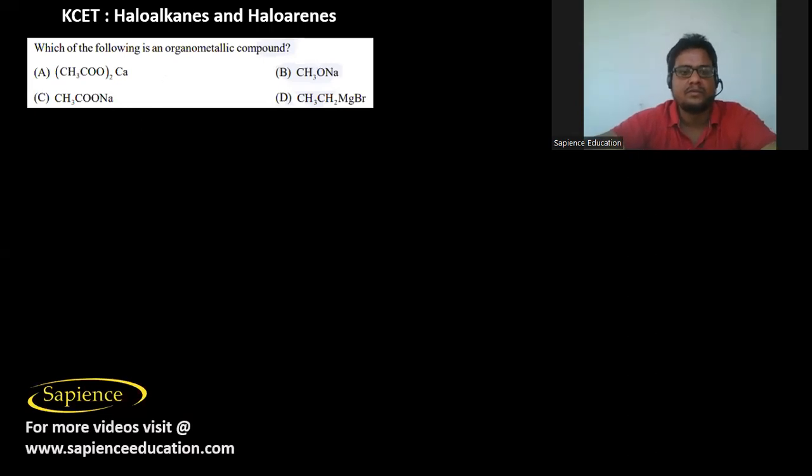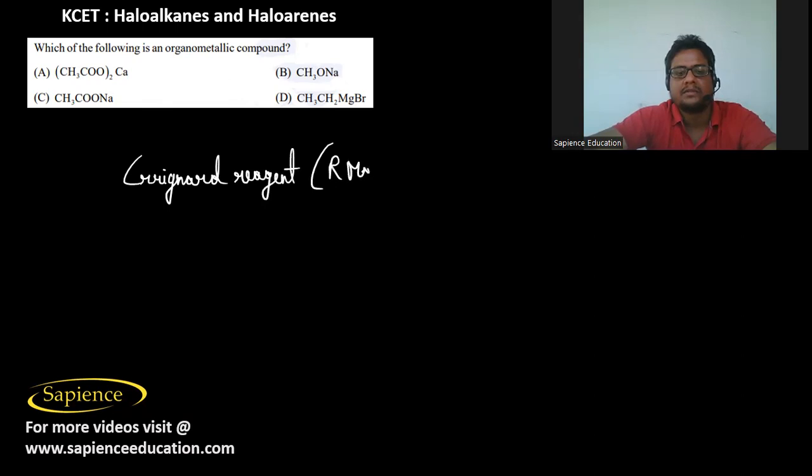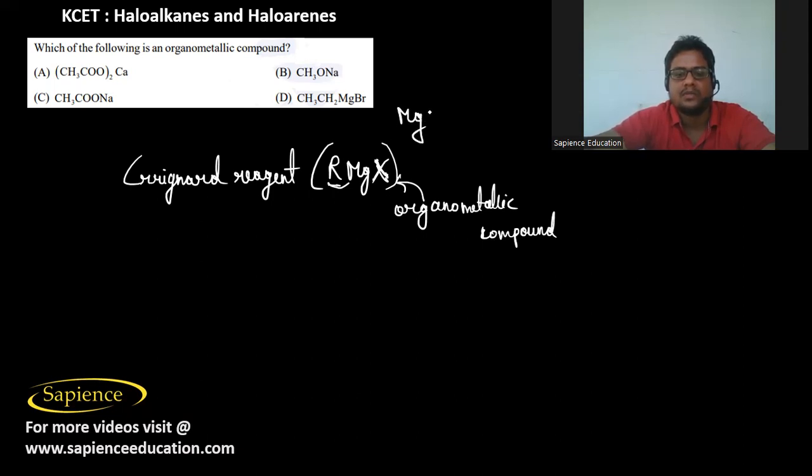Then it is asked, which of the following is an organometallic compound. So here obviously the Grignard reagent, which is of the form RMgX, where R is some alkyl group. This Grignard reagent is a kind of organometallic compound. Here X is the halogen atom and R is the alkyl group, which is covalently bonded with magnesium.